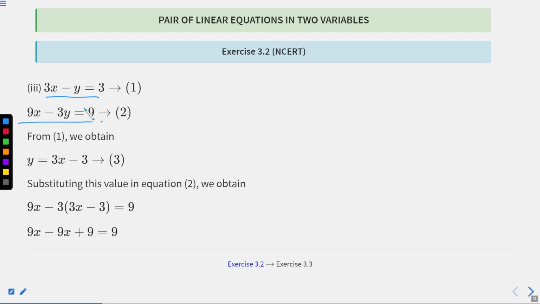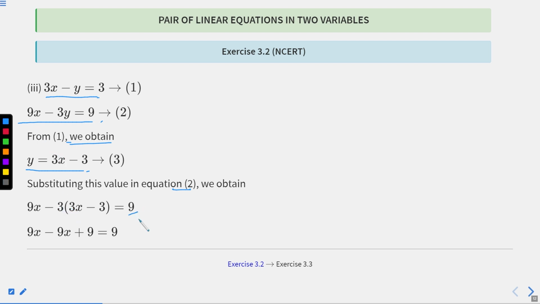From equation 1 we obtain y equals 3x minus 3, naming this equation number 3. Now substituting this value in equation number 2, we obtain 9x minus 3 times (3x minus 3) equals 9.